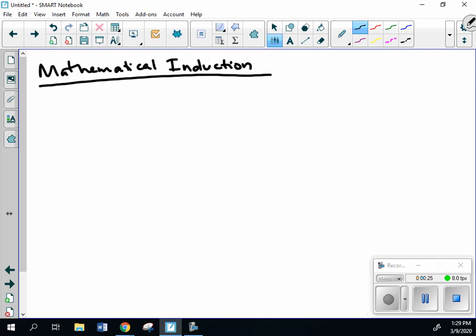The first step is to show P1 is true. The second step is to show that P of k plus 1, which is the previous term, is true for the different formula that's given.